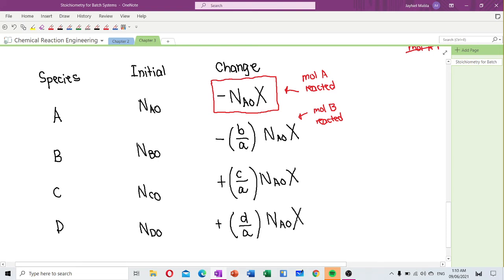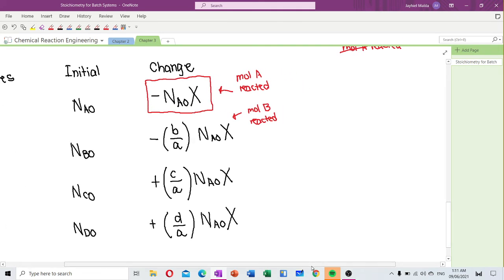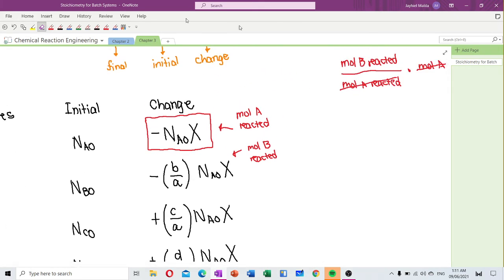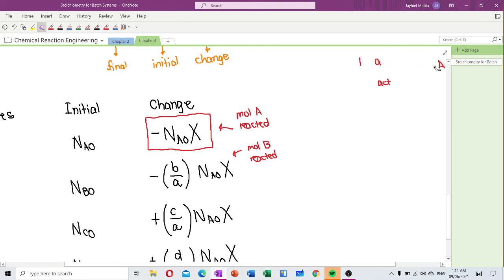All of them are based on the amounts of A that is reacted, so that will be easier. Now, if you want to know the final value, you just subtract the initial and the change to get the final value.